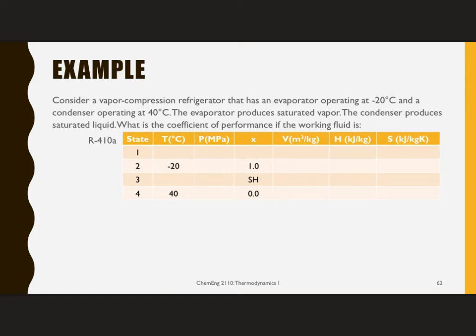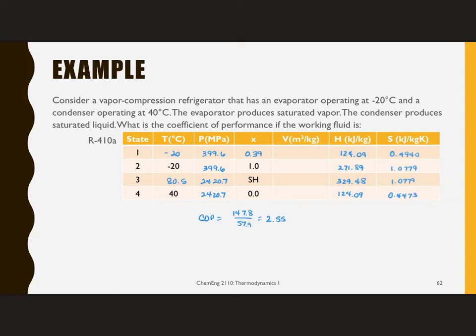What about for our 410A? For refrigerant 410A, the temperatures range from -20 to 80.5, so a much higher high temperature. And the pressures are also higher, 399.6 megapascals. Oh, I think those are kilopascals also. And 2420.7 kilopascals, so 2.4 megapascals.